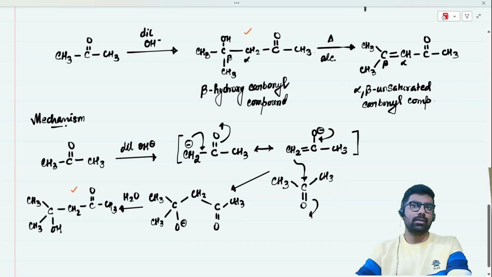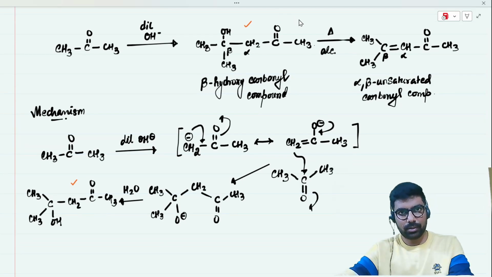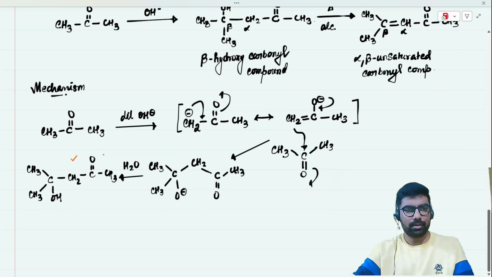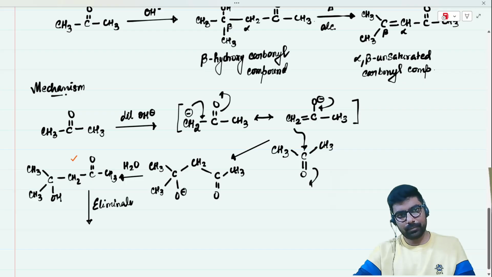Now if heat is given or supplied, then an elimination reaction will take place. And we will have CH3, CH3 double bond.